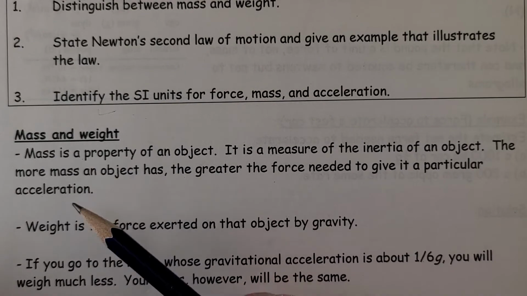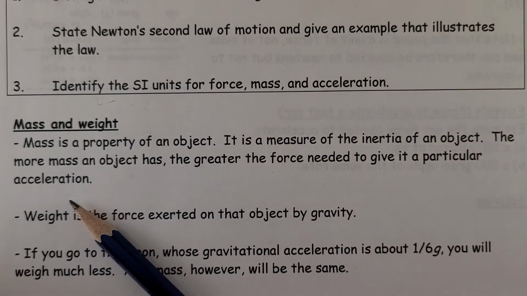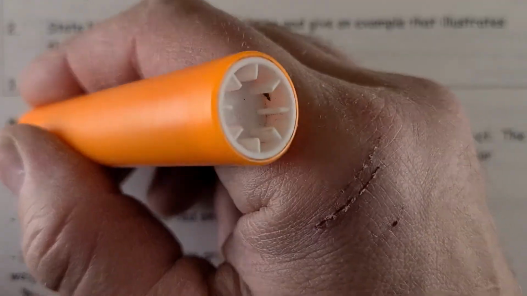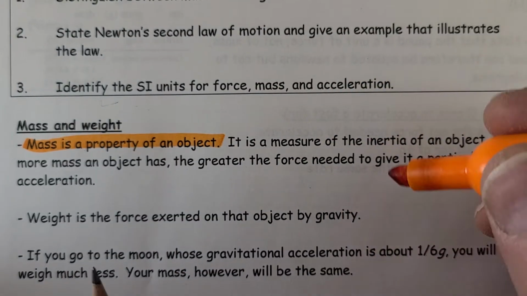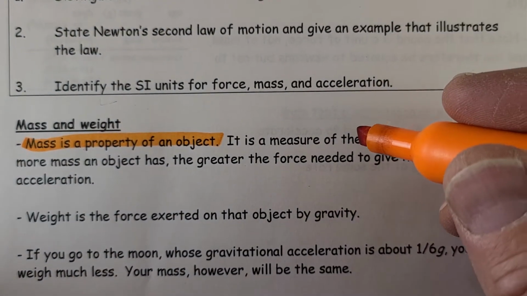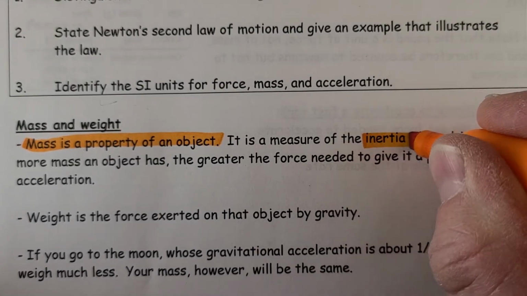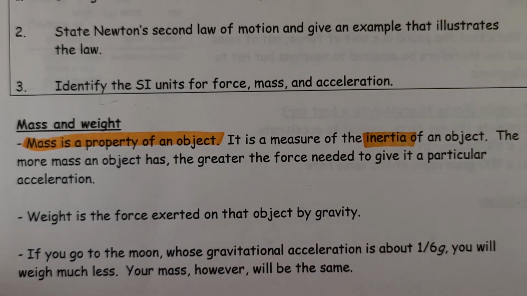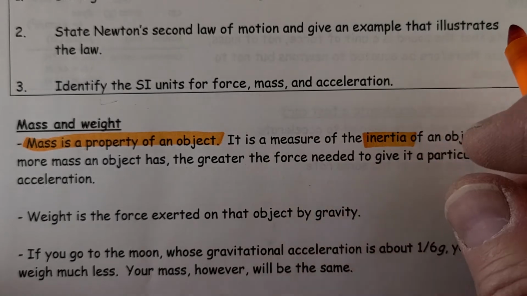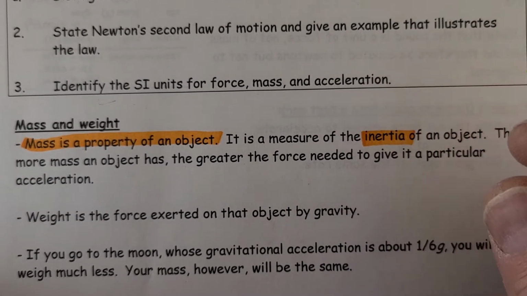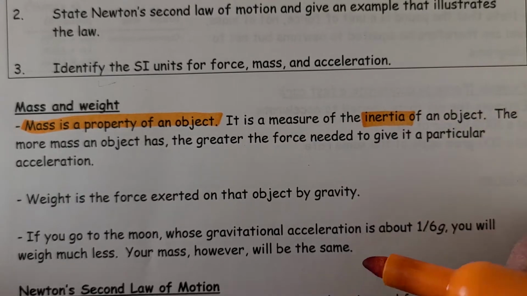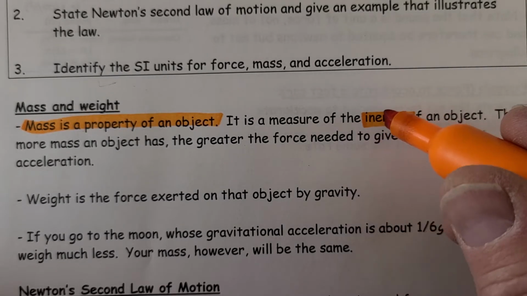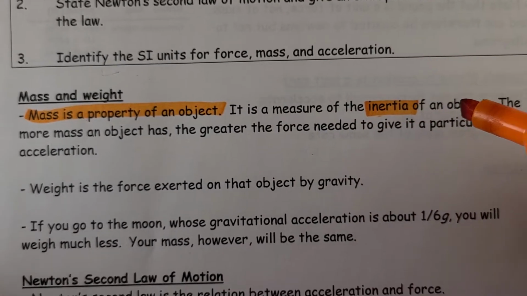So if we look at mass and weight, mass is a property of an object. The stuff that makes up an object contributes to its mass. It is a measure of the amount of inertia of an object, so the amount of stuff. For example, it's more difficult to get a car moving by pushing it than it is, let's say, a bicycle, because the car has more mass, that property that makes it difficult to start.